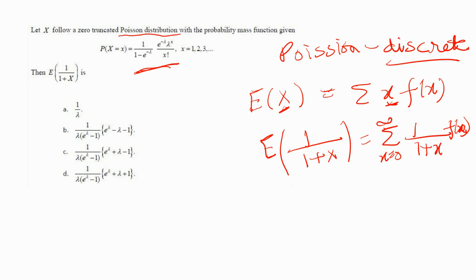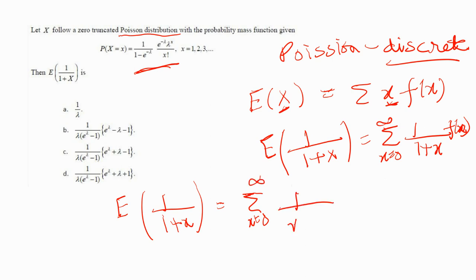Now, what will be the expectation of 1 upon 1 plus x? It will be the summation from x equal to 0 to infinity of 1 upon x plus 1 times f(x). Now it is given here from 1 to 3 and so on, so here we will take from 1 and then subtract the 0 part.